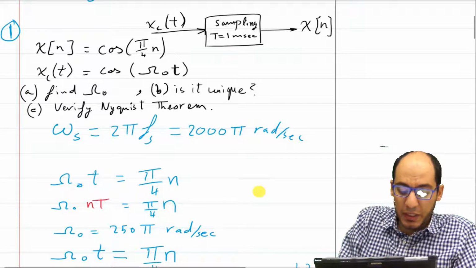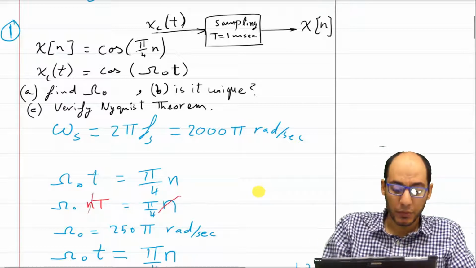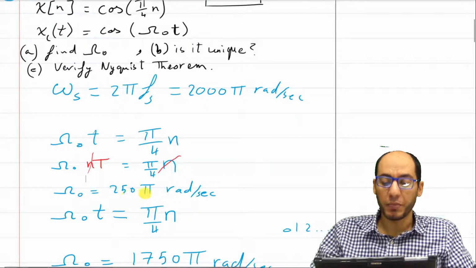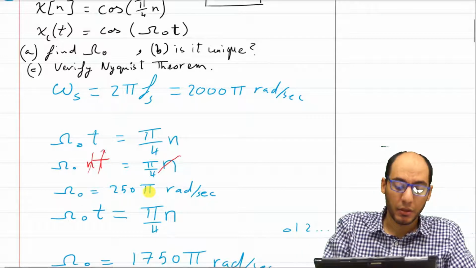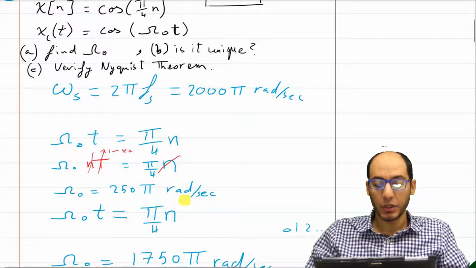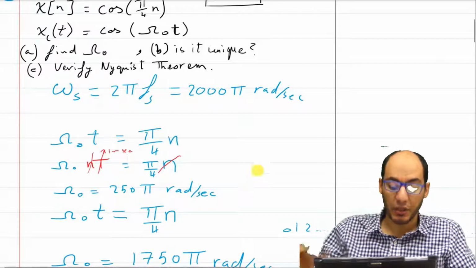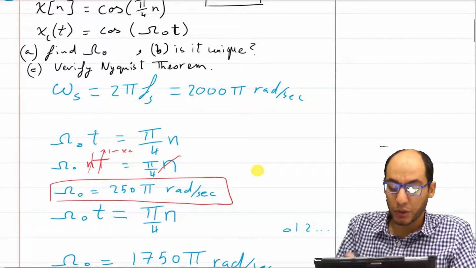The value of t is nT, because I've done sampling. So I'm going to cancel n, and thus omega node is equal to 250 pi, after I substituted T to be 1 millisecond, radians per second. And this becomes the final answer for part 1.